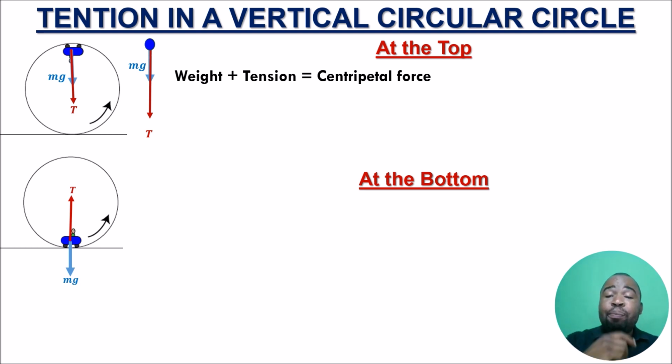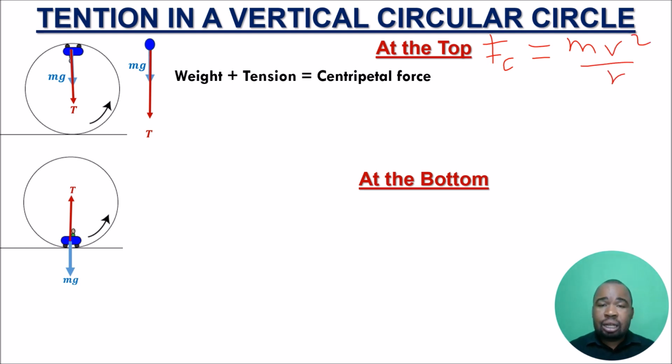Now, from the previous studies, if you have not watched part 1 to part 3, watch circular motion part 1 to part 3. We said the centripetal force in a circular trajectory is given by the expression mv squared over r. So where there is centripetal force here, we can put this expression mv squared over r.